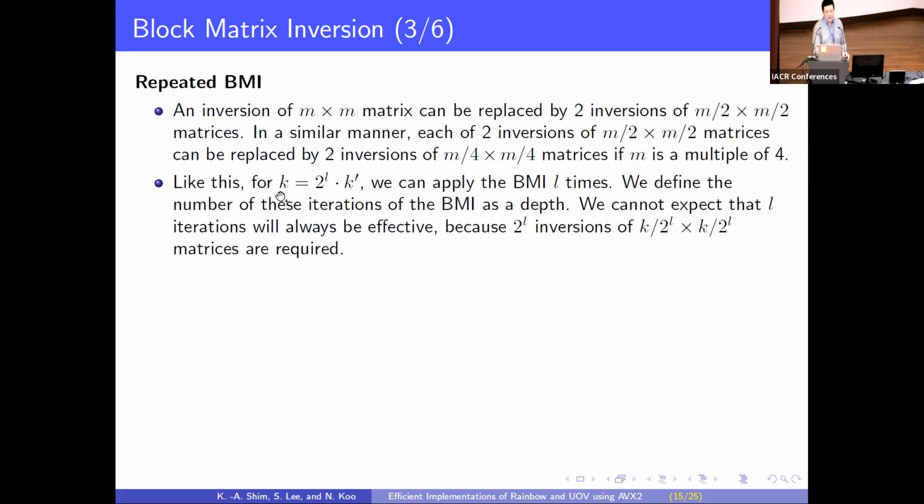If we write K as 2 to the L times K prime, where L is a positive integer and K prime is an odd integer, we can apply the BMI L times. We call this L the depth of BMI. We cannot expect that L iterations will always be effective because 2 to the L inversions of matrices of this size are required.